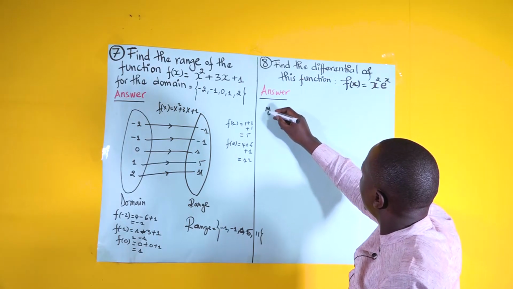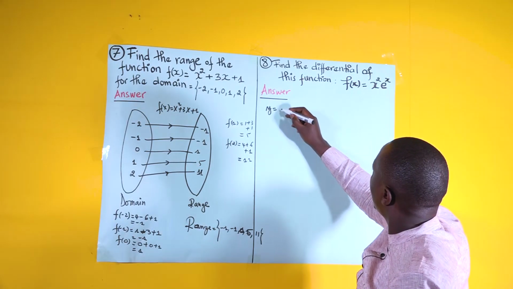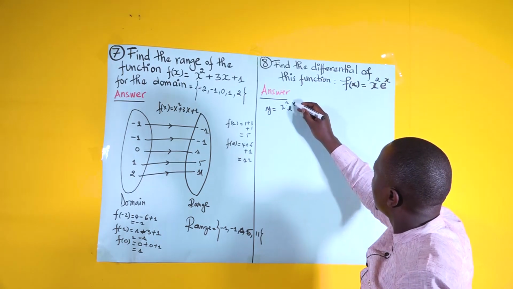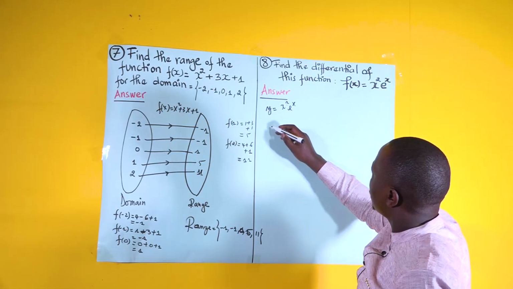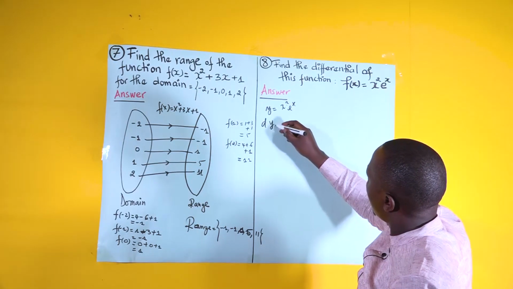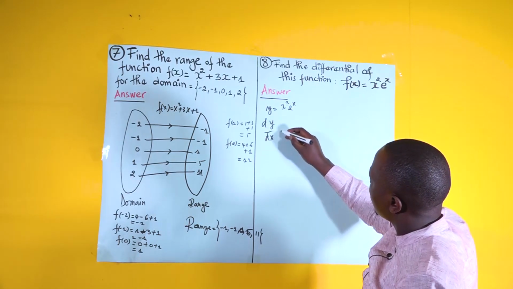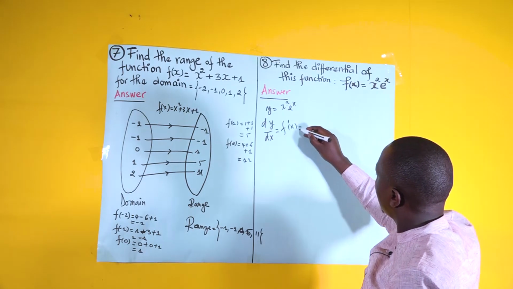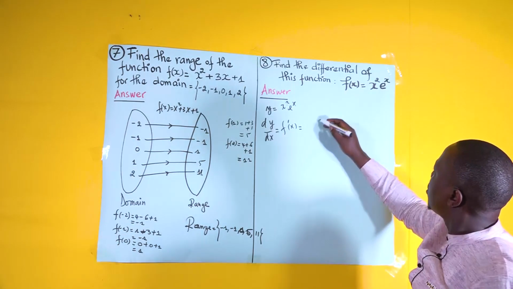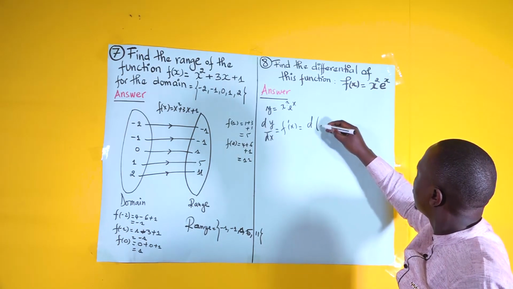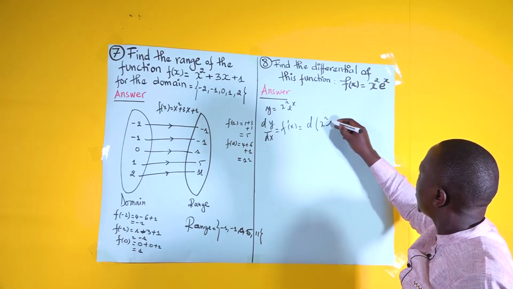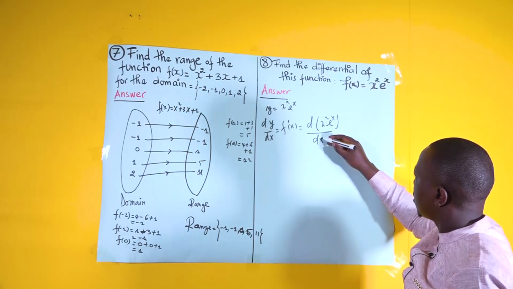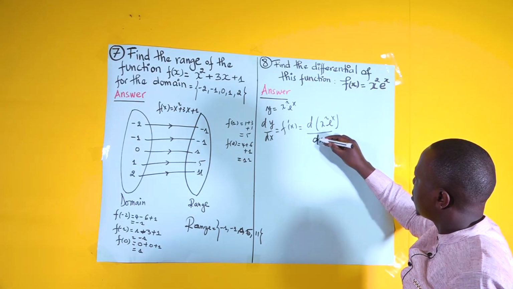Let us call that function f of x the same as writing y equals x squared e to the x, and then we will ask you to find the derivative dy over dx, the same as writing f prime of x, and this will give us d of x squared e to the x over dx. Next, we have to make the derivative in terms of x.